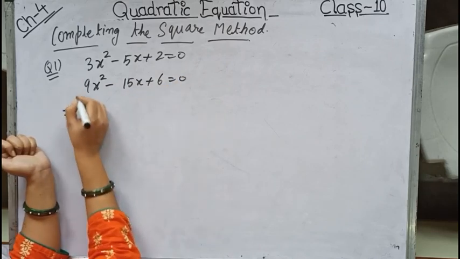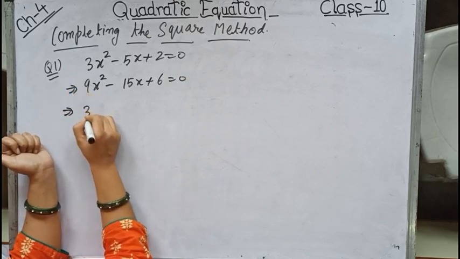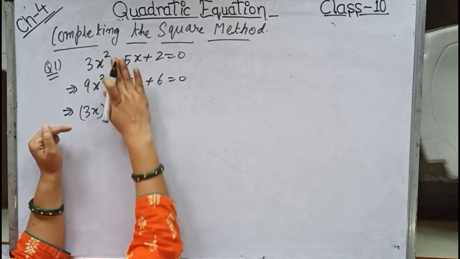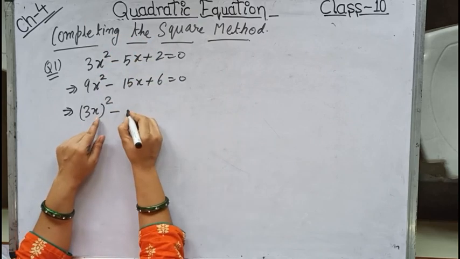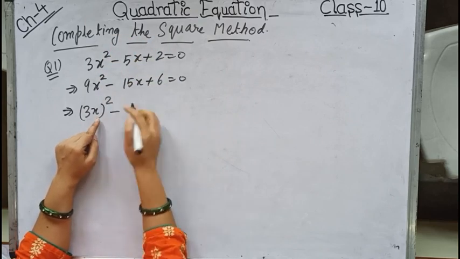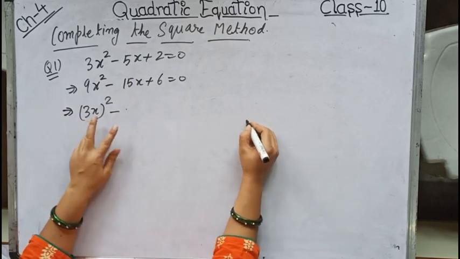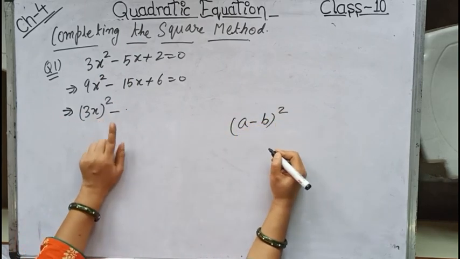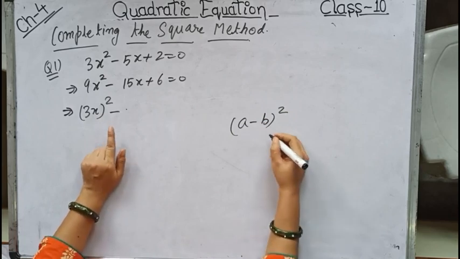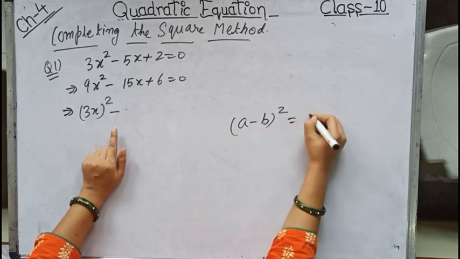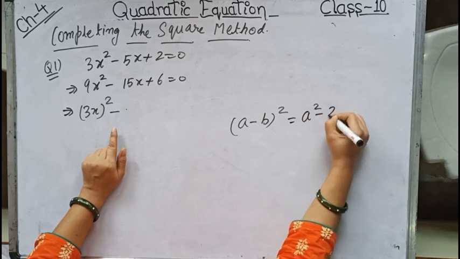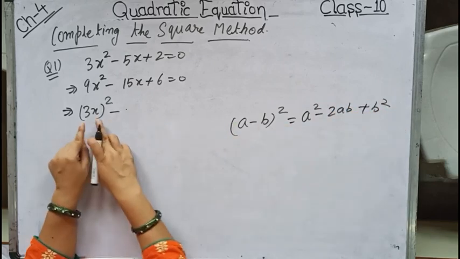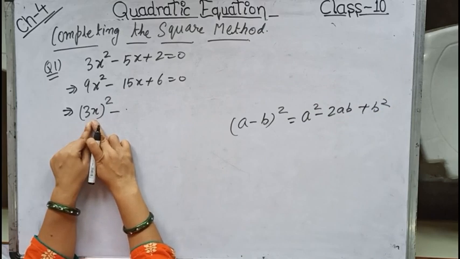So now I can write (3x) whole square, minus, since the minus sign is there. So obviously I will be getting a minus of b whole square. Now the (a − b) whole square formula is a² − 2ab + b². Now a term we have got as 3x.